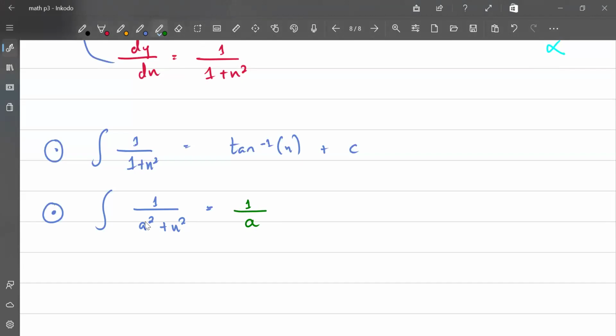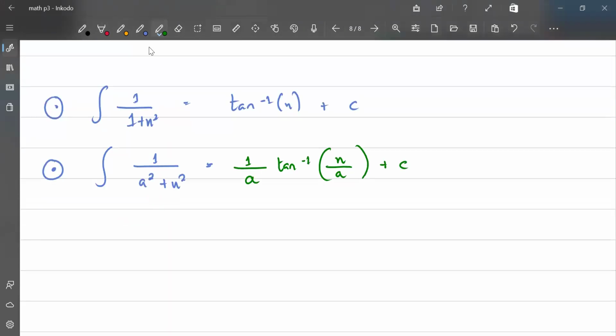We will not include the square here, only a. 1 upon a tan inverse x upon a plus c. This is how you would integrate the given situation.